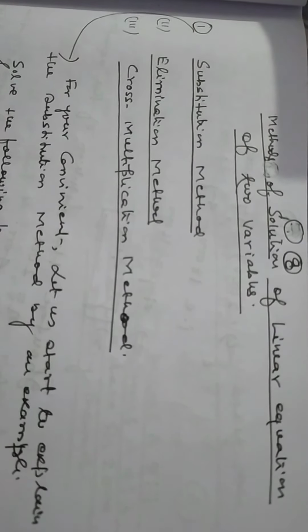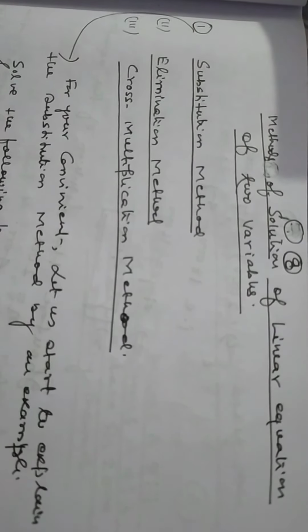Now I want to discuss this problem by explaining an example. Suppose 7x minus 15y plus 2 is equal to 0, equation number 1, and x plus 2y plus 3 is equal to 0, equation number 2. So now how will you solve the problem by the substitution method?